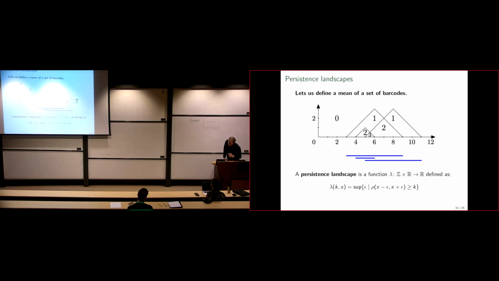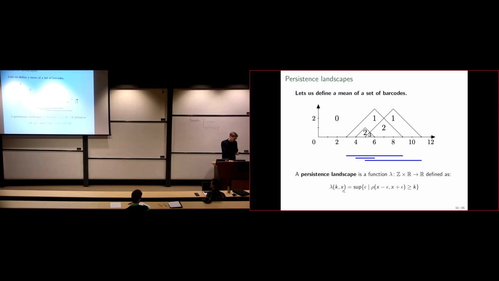So we will compute the first landscape. If you see this lambda here, it takes two arguments, the k, and you'll understand more what this is in a minute. For each barcode you get a set of landscapes, and it has to do with how these triangles intersect. This will become apparent in a minute.